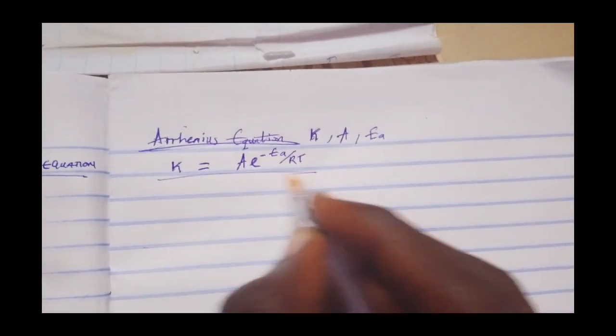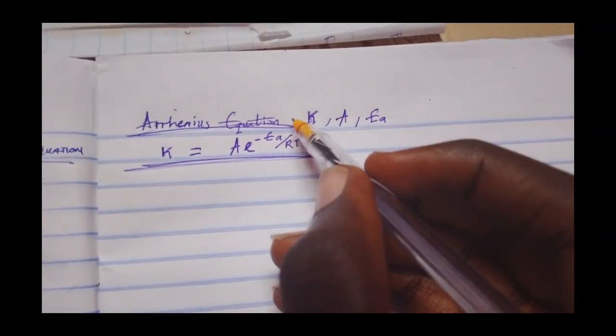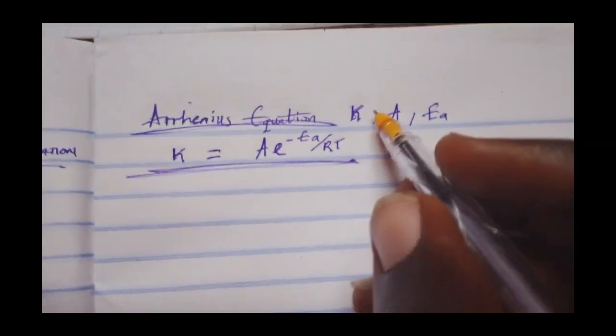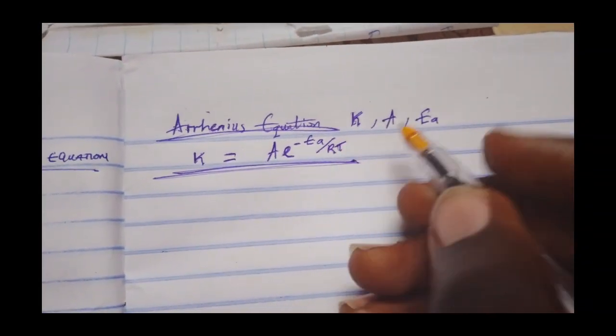So this is the formula to know. For calculation, R is the gas constant, which is 0.0021 and so on, and T is the temperature in Kelvin.